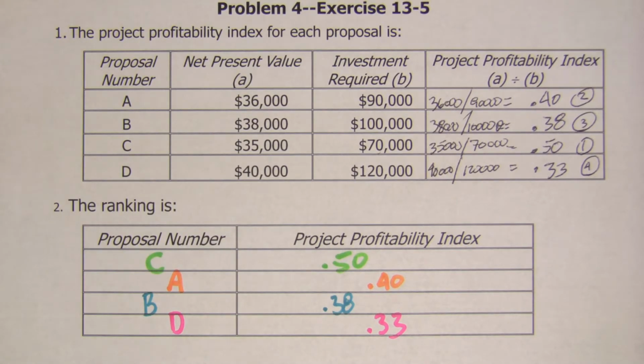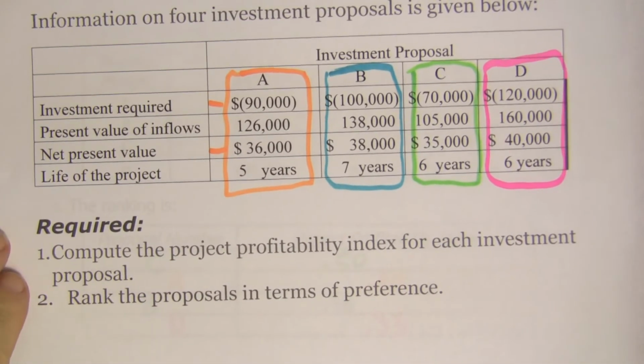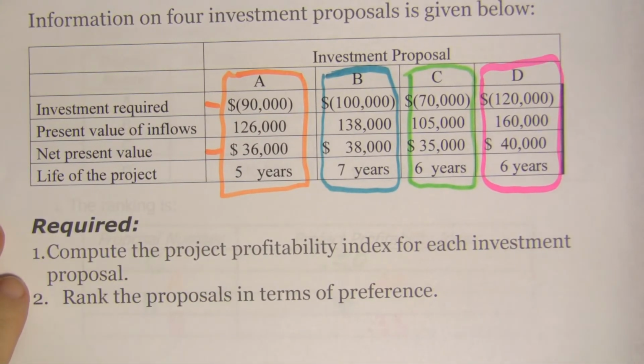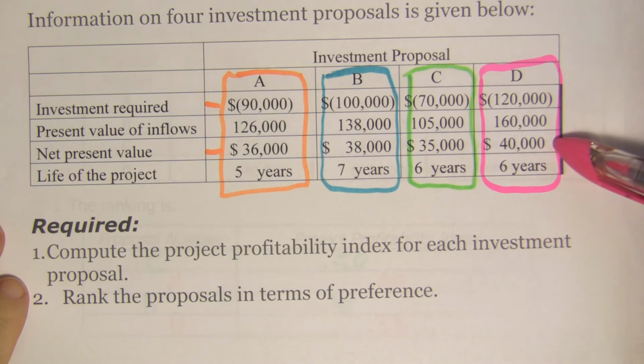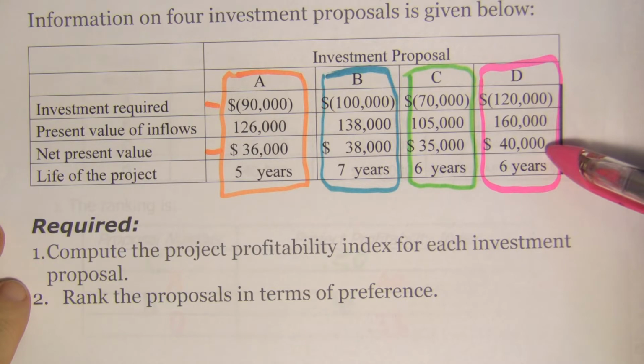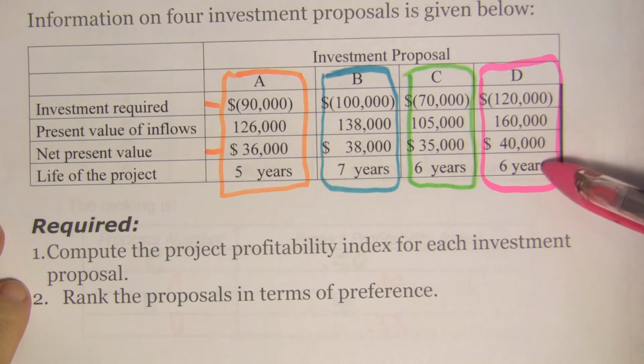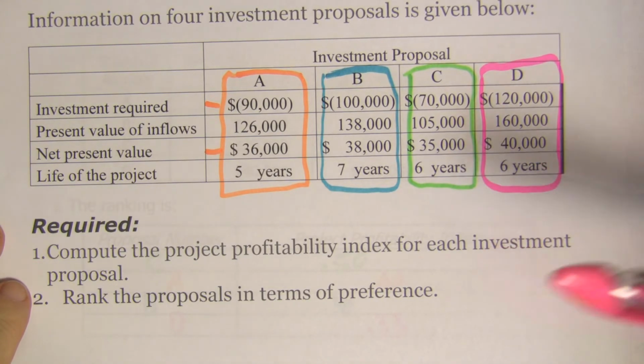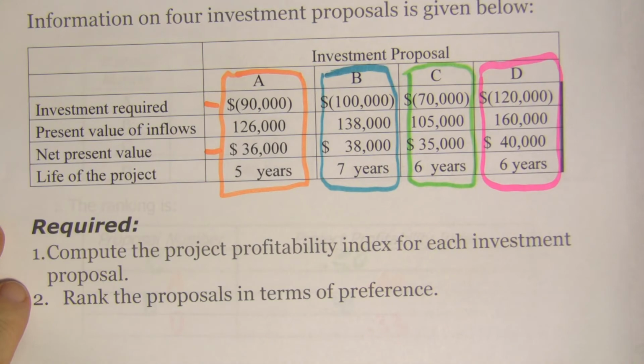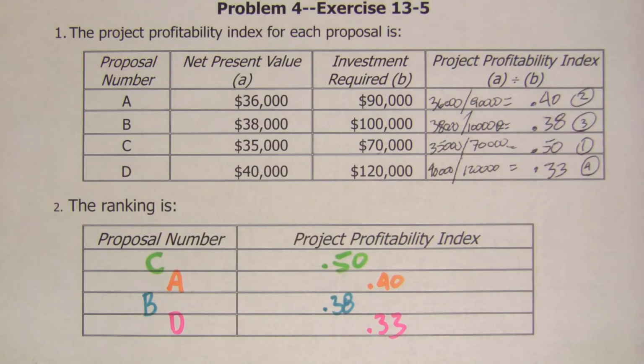So profitability index will give you information that net present value won't. Because if you went by net present value, you would go with D. It has the highest net present value. But because of the way it's structured, 120,000 out, there's a lot more money out. 6 years for your return, it's the lowest profitability index.